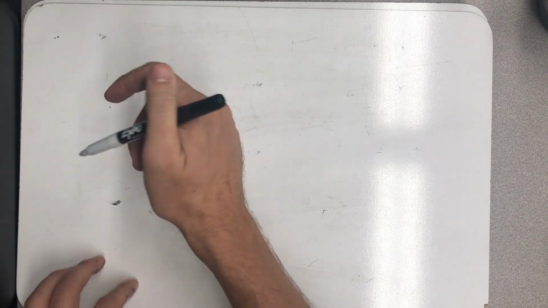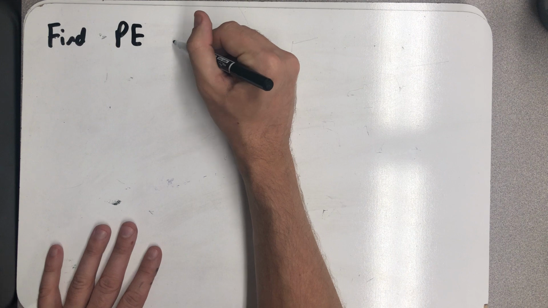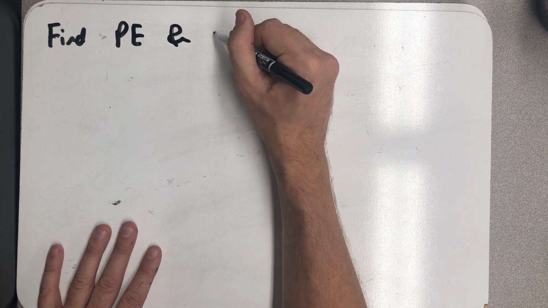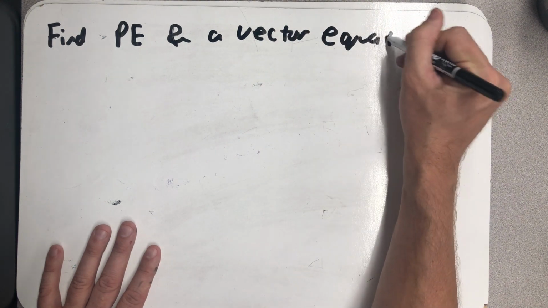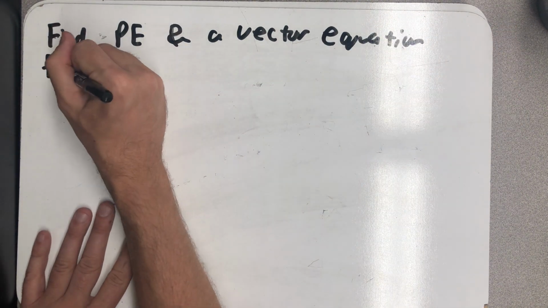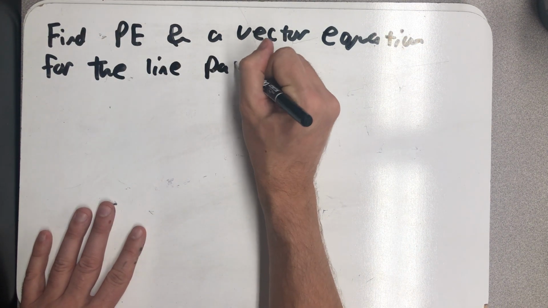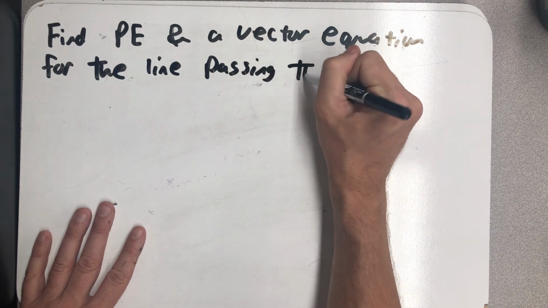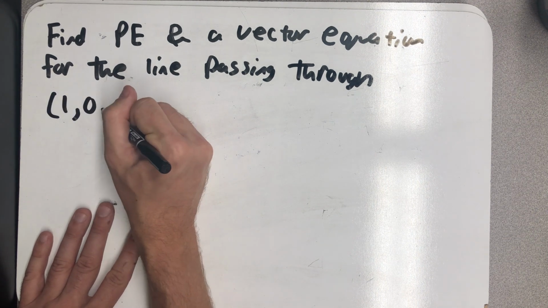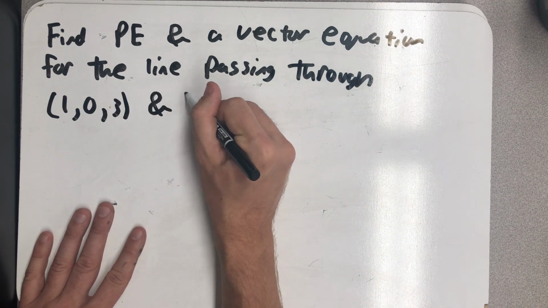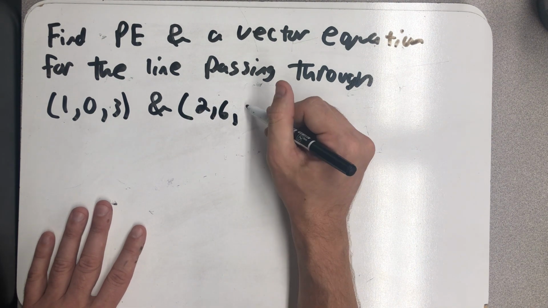Find parametric equations and a vector equation for the line passing through (1, 0, 3) and (2, 6, 1). So 2 nice points to deal with.